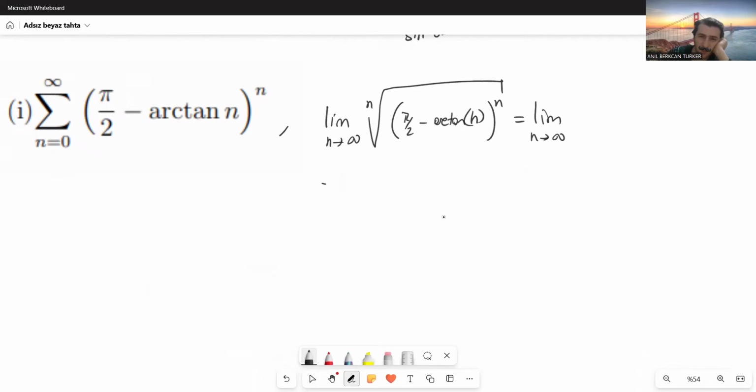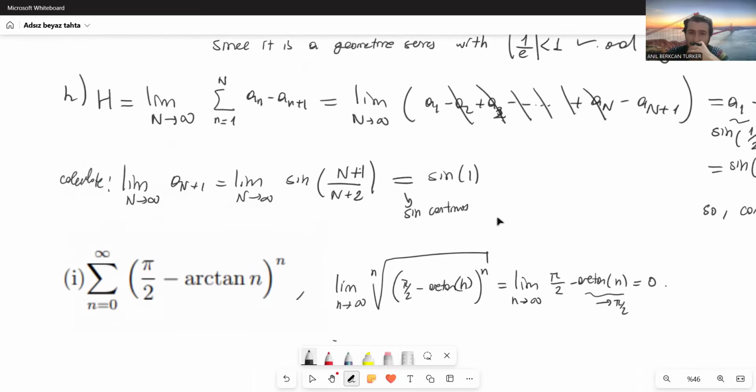But arctangent n is bounded by pi over 2, so this is always positive, so no need. Pi over 2 minus arctangent n, and when you take the limit, this is going to be pi over 2, so this limit is 0. If it is 0, it means that it is strictly less than 1, so the series converges, right?